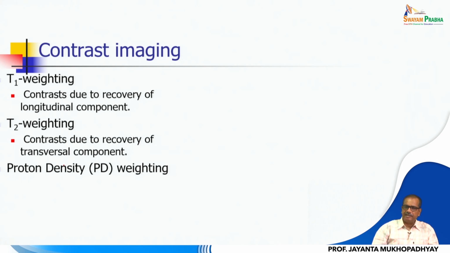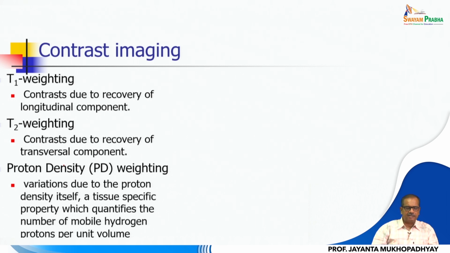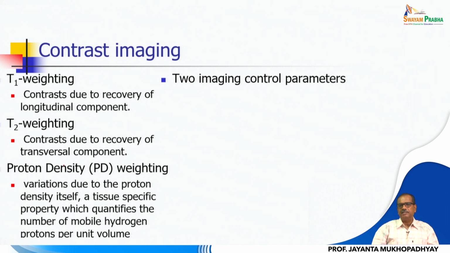Whereas for proton density weighting, it is simply the variation due to the proton density. Proton here means the hydrogen ion, and it is a tissue specific property quantifying the number of mobile hydrogen protons per unit volume.